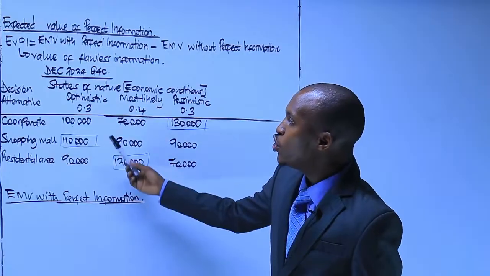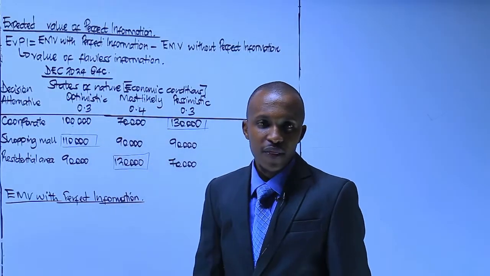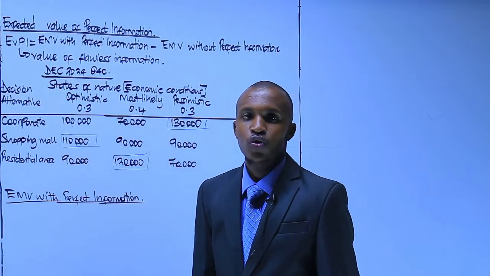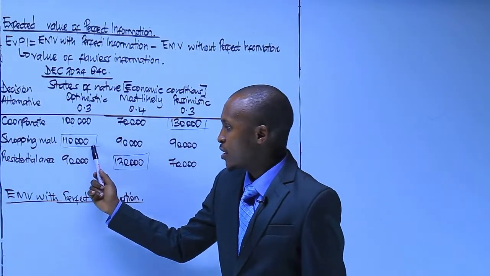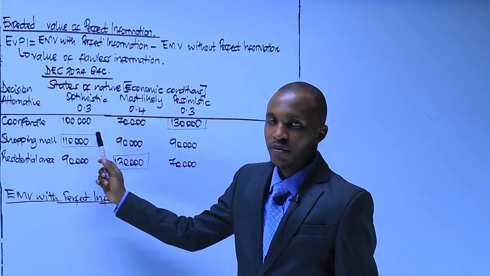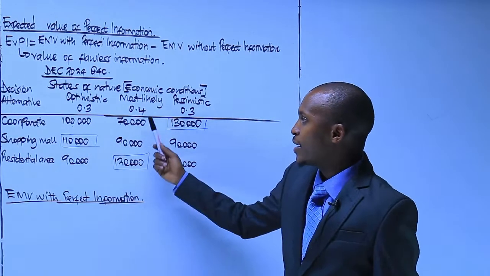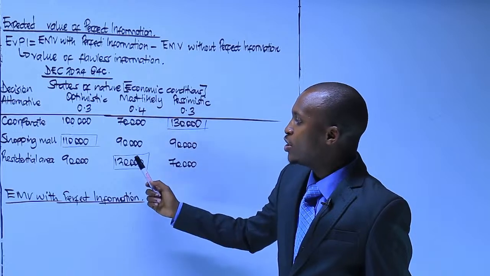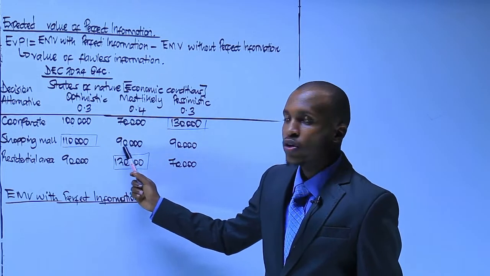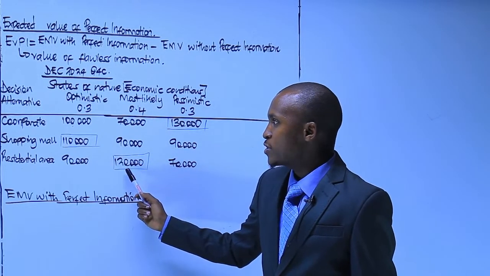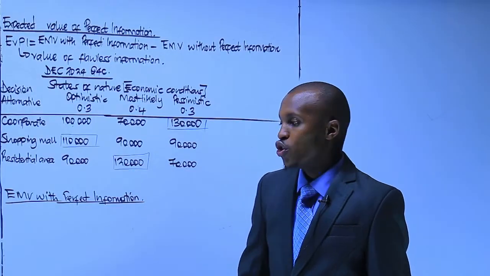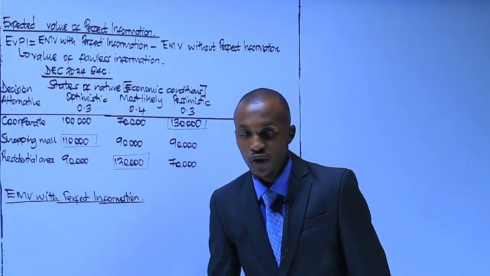Why? If you knew under optimistic that the shopping mall is the best decision, you would choose shopping mall. If under most likely you knew that the residential results in the highest payoff, you're going to select residential.